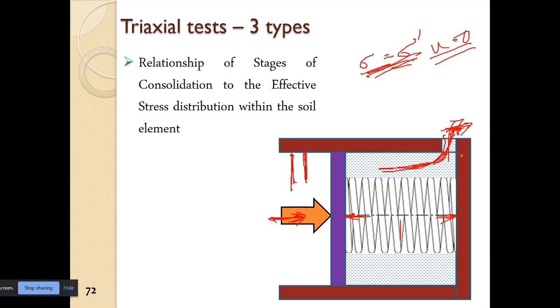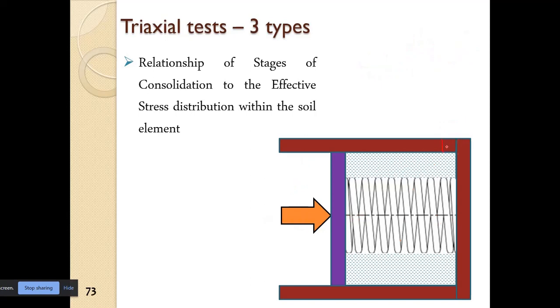Now we first close the drainage, and then we release the load. Now what will happen? The spring will try to expand to its original position.